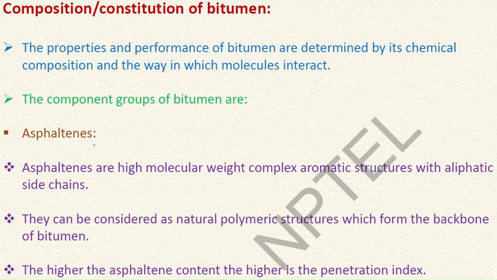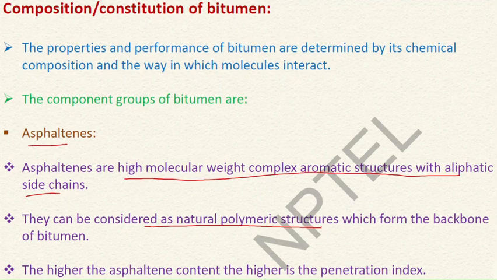the component groups of bitumen. Bitumens consist of some components. The first one is asphaltenes. They are high molecular weight complex aromatic structures with aliphatic side chains. They are basically condensed aromatic structures which have smaller aliphatic side chains, and they can be considered as natural polymeric structures.